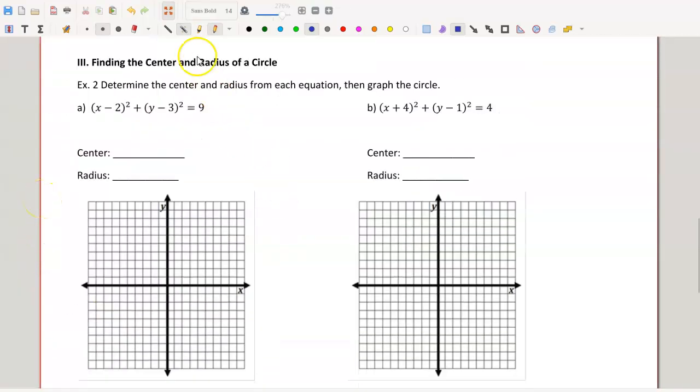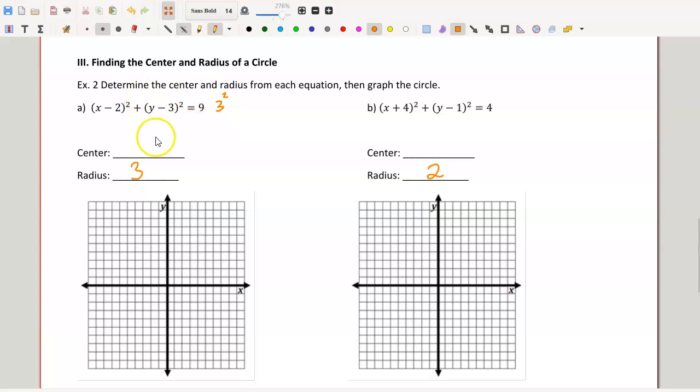So pop quiz for A, what is the radius? What is the radius for A? And you say 3, because you can rewrite that as 3 squared, so that's going to be 3. Right? What is the radius for B? 2, right? So it's not 9 and it's not 4.